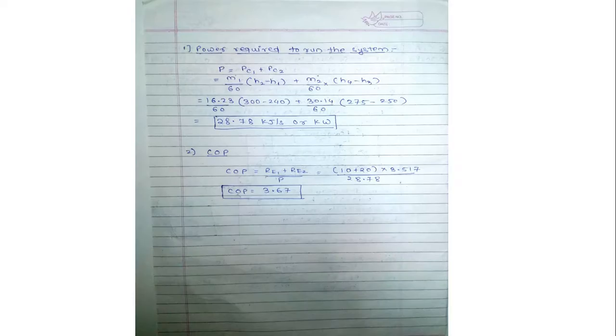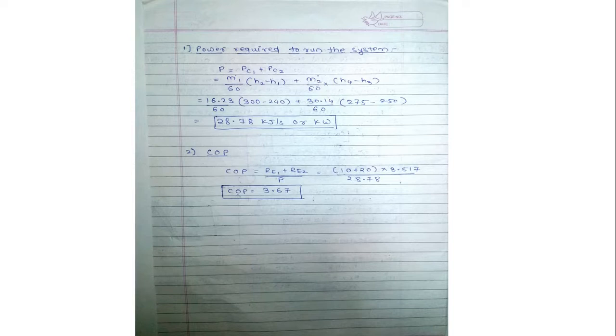Then the third step is the power required to run the system. As we are considering two compressors, we need to calculate PC1 and PC2, the two power requirements. If there are three compressors, we would do it for three. Compressors run from point 1 to 2 and from 3 to 4.